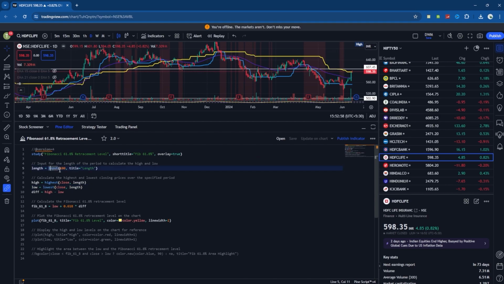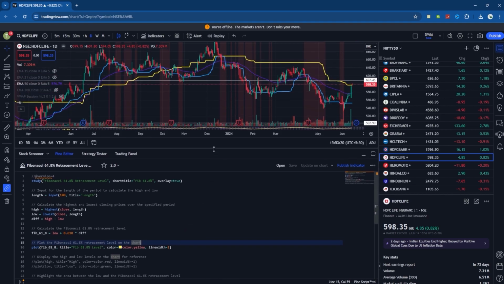The input is 100, the title is length, and then we have a high point, the low point, the difference, and the Fibonacci. It's the same code that I wrote for our algorithm, and it plots the chart with the yellow color at 61.8%. You can use the same code to create the Fibonacci level on your chart.